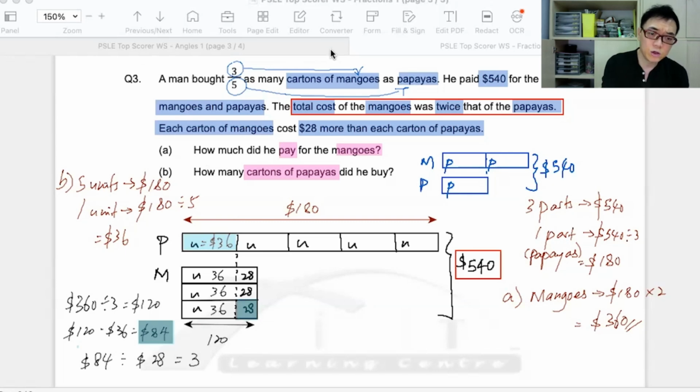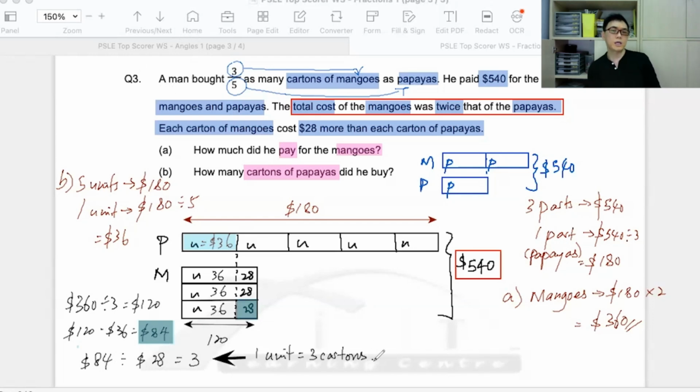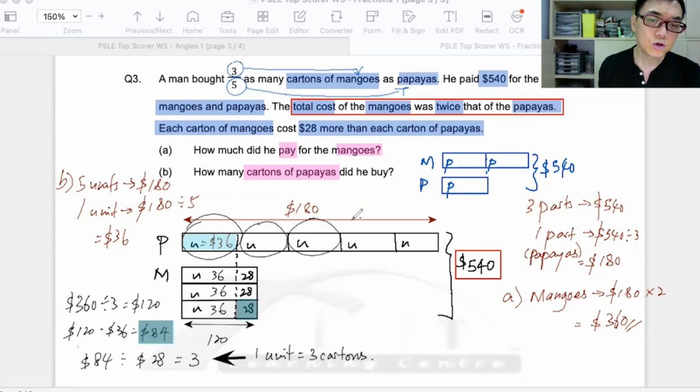So now that we know that 1 unit represents 3 cartons, okay, let's make this very clear. Question: how many cartons of papayas did he buy? I already answered the question actually. Tell me. That's right. Because this is 3. Yes, 3 and 3, 3, 3, 3. So total 15 cartons. Yeah?